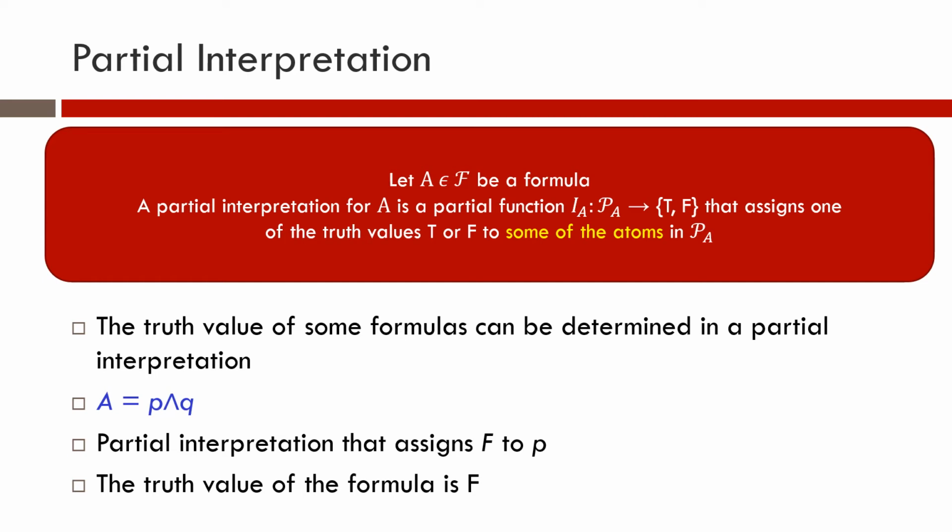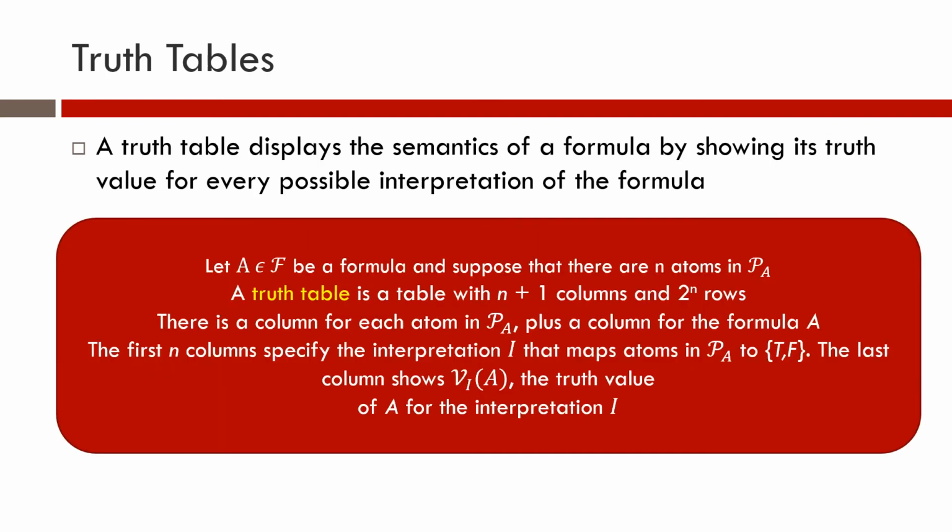Now that we have seen interpretation and partial interpretation, we will move on to the next concept, which is truth tables. We have seen what interpretations are, and once interpretations are assigned, we will be able to find the truth value of the formula.